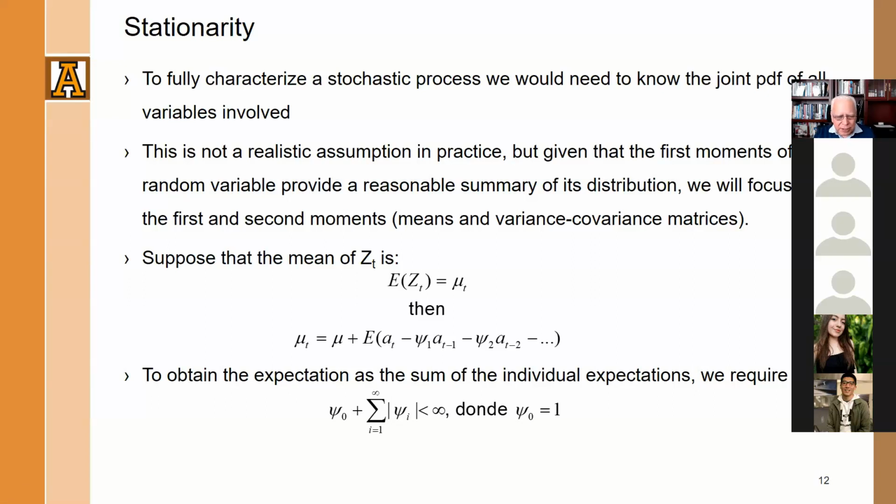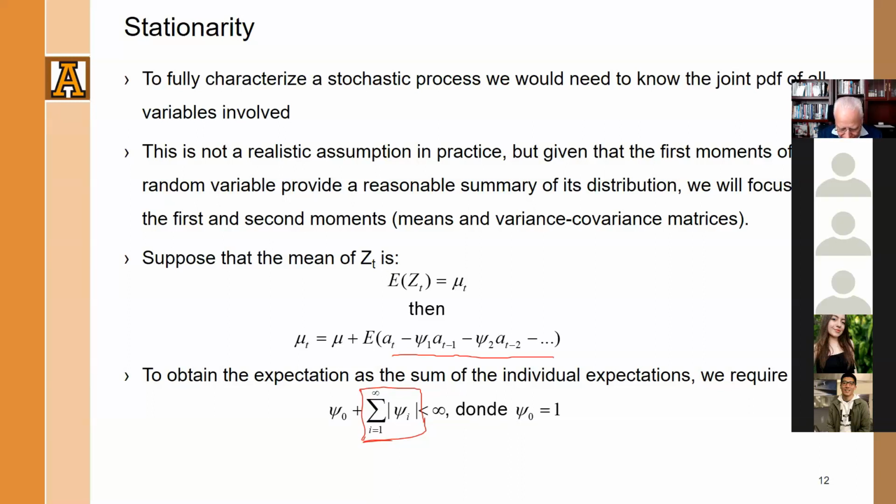If this converges, then we can calculate the expectation of this linear combination as the linear combination of the expectations. But that will only happen when this sum converges. The sum of the psi_i's in absolute value has to converge.